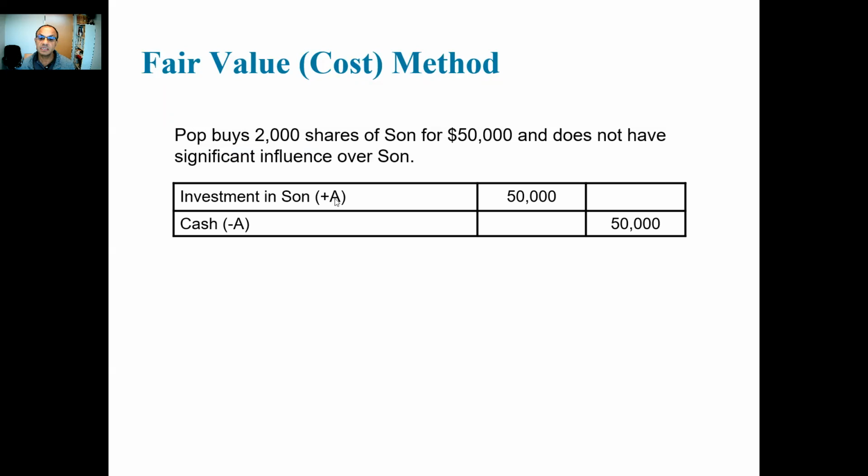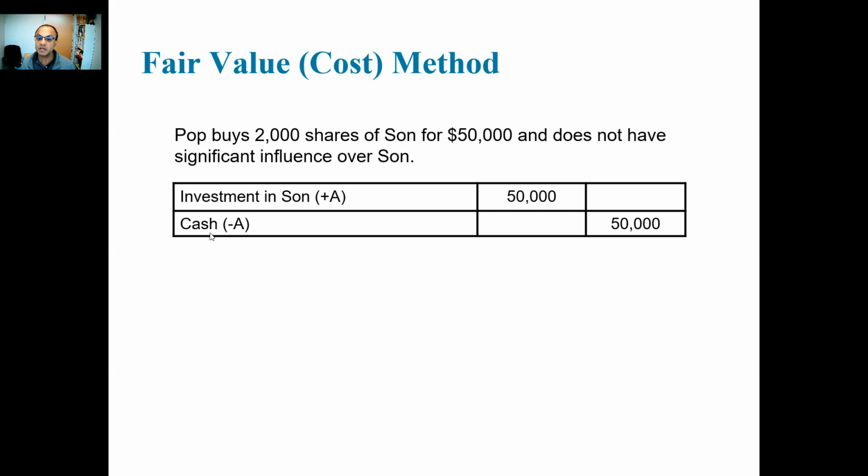And here you can see it's a plus A. It means the assets of the parent company will increase. And this investment in Sun, it will go on assets. If it's investment for more than a year, we put it under long-term assets. If it's less than a year, we put it under short-term assets.